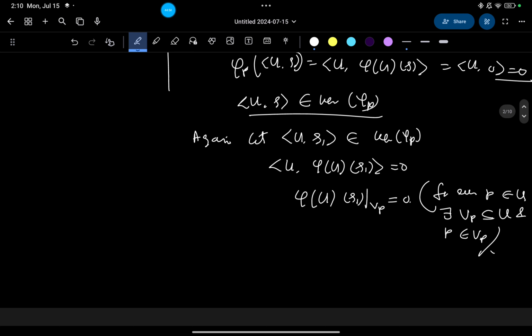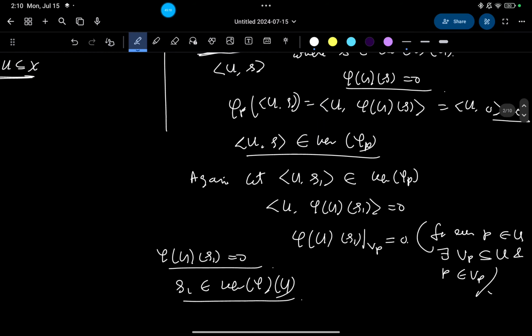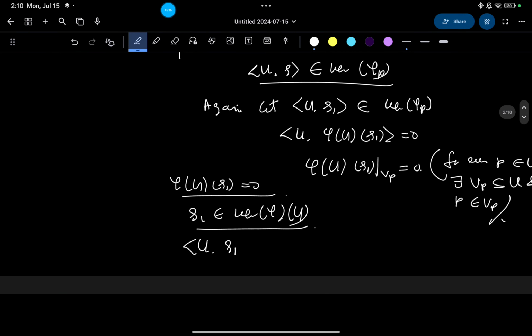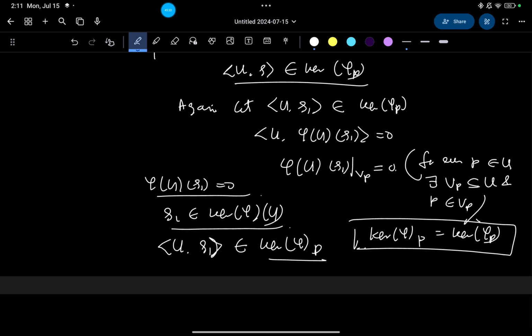Varying this over entire U, I get that phi U of s1 is itself 0. So s1 belongs to kernel phi of u, which means u comma s1 belongs to the stalk of kernel phi. So the stalk of kernel phi at p is the same as kernel phi p.